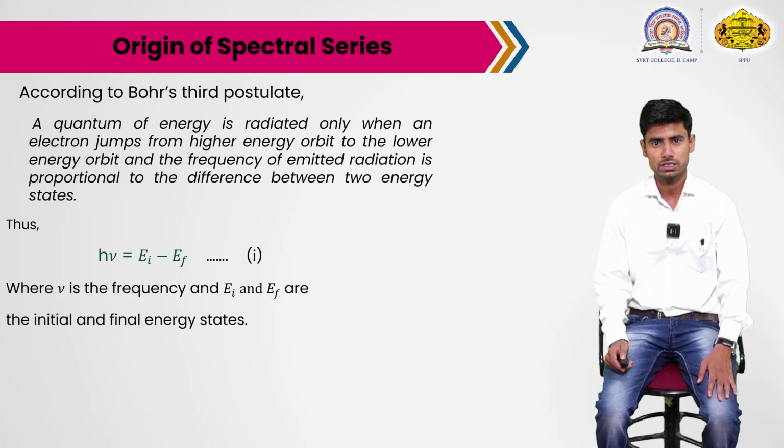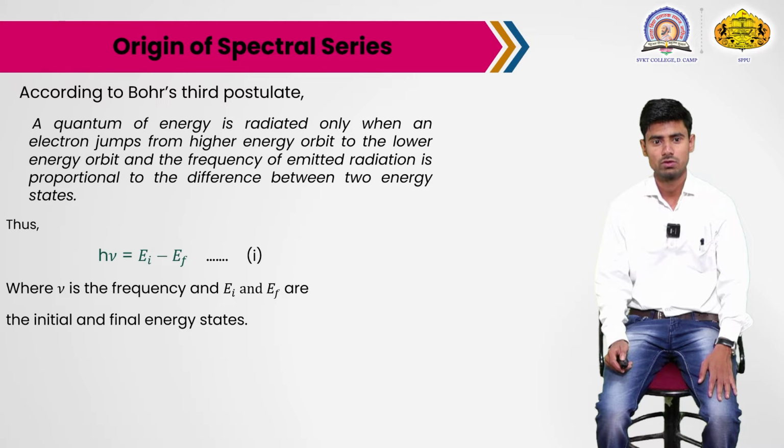Now in the previous lecture we have studied that according to the third postulate of Bohr's theory, a quantum of energy will be radiated when there is a transition of the electron from a higher energy level to a lower energy level, and that quantum of radiation will have energy equal to the difference between the two energy levels.